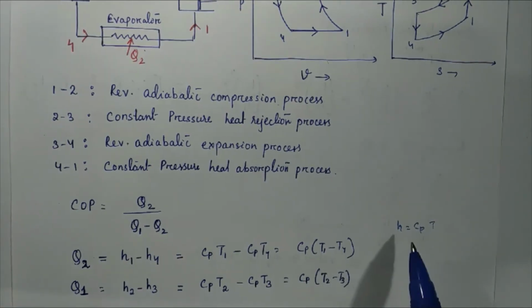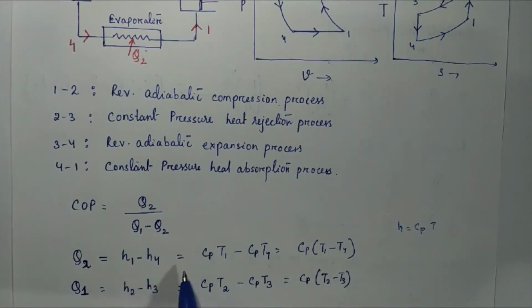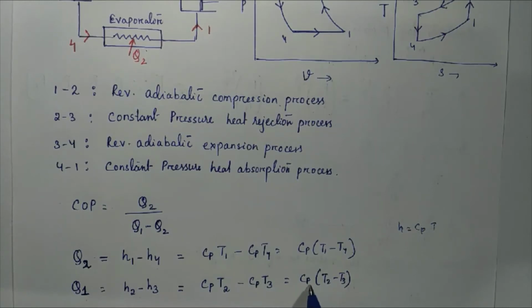If we consider H1, we consider CpT1. If we consider H4, that we consider to be CpT4. So this becomes Cp(T1 minus T4). Similarly Q1 is equal to H2 minus H3, which is equal to CpT2 minus CpT3, equal to Cp(T2 minus T3).